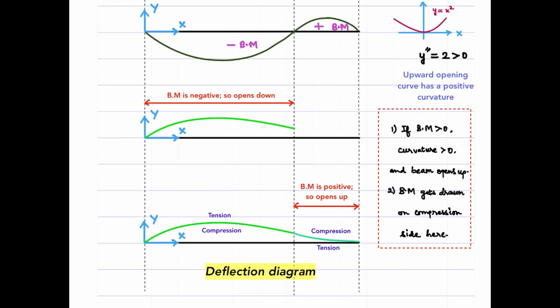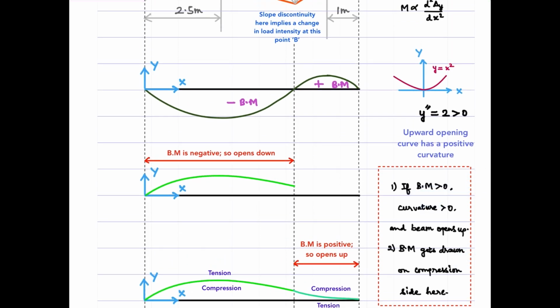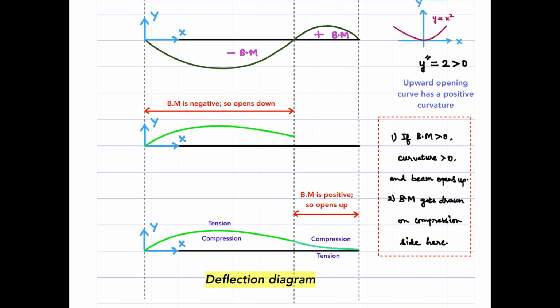So the two rules which will be very helpful for drawing the deflected profile are: if the bending moment is positive, the curvature also should be positive as per this expression, and if the bending moment is positive, the shape should be facing upwards. Okay. To put it otherwise, the beam will be sagging and the vice versa is applicable.